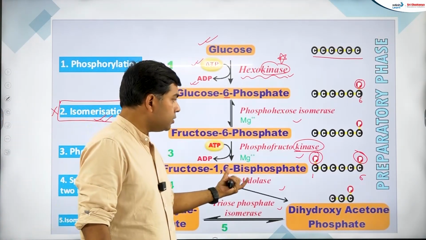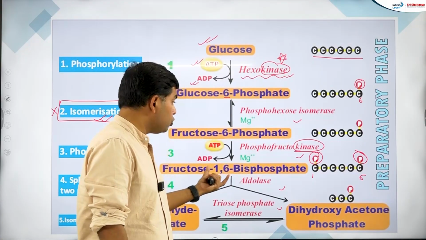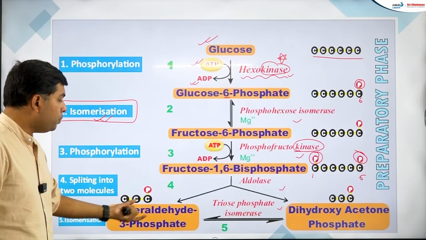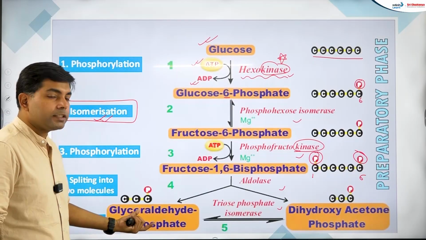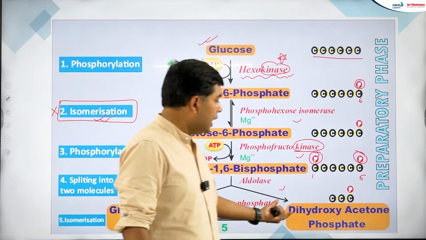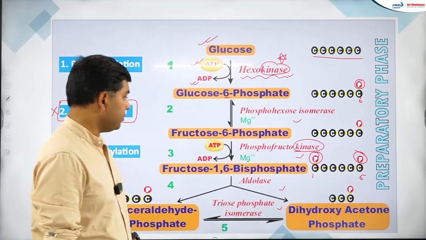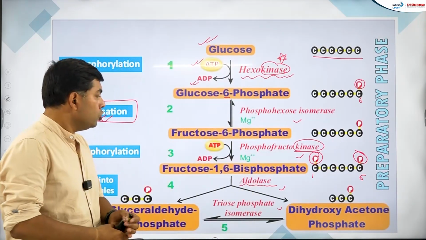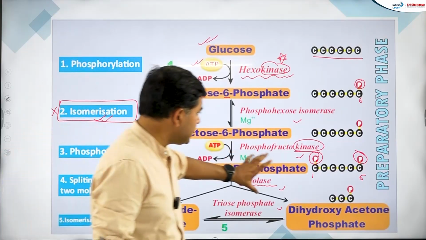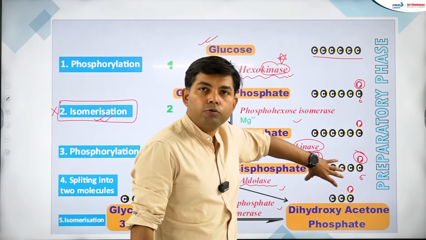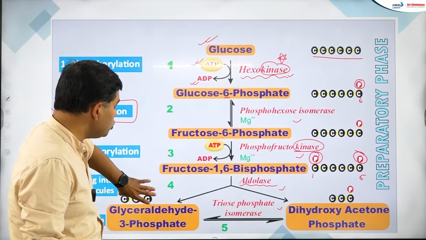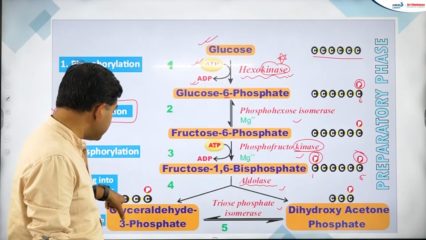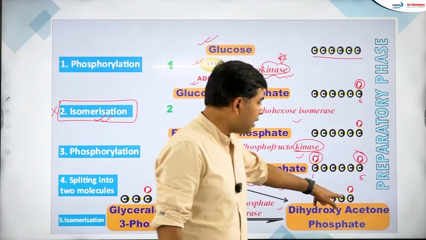Then this 6 carbon compound, fructose 1,6 biphosphate, is broken down into two parts. One is glyceraldehyde 3 phosphate and the other is dihydroxyacetone phosphate. It is with the help of the enzyme aldolase, right? So now you can see the 6 carbon compound is broken down into two 3 carbon compounds. They are again isomers: 3 carbon, 1 phosphate, 3 carbon, 1 phosphate.